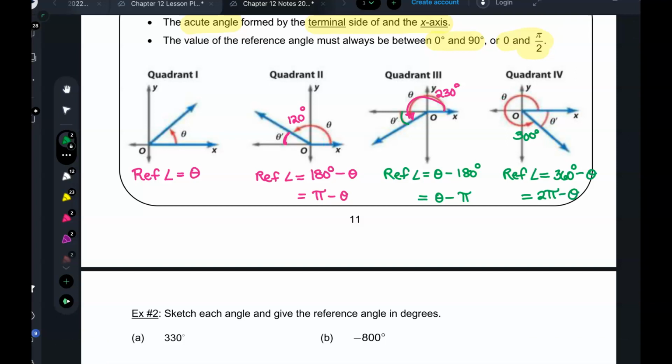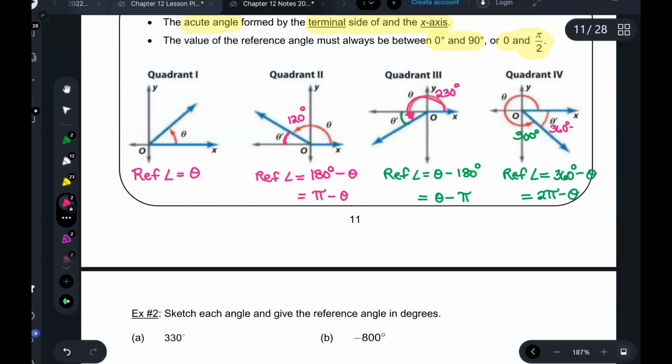I know, a lot of information in this section. But 360 minus theta would be 300? No, if I did 360 minus 300, that would give me 60 degrees left over. This angle right here is 60 degrees.